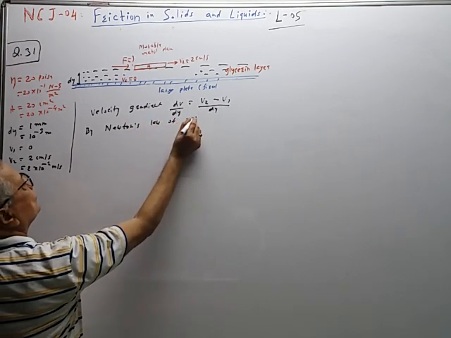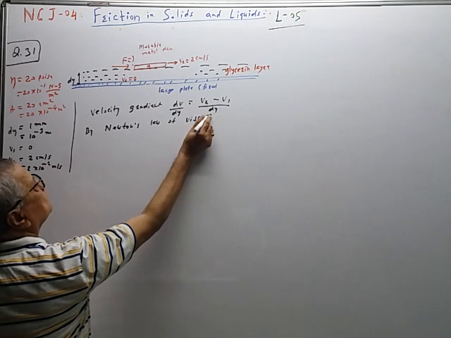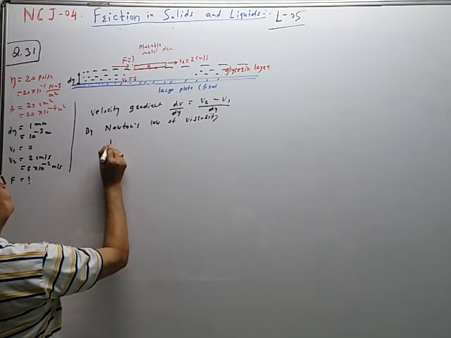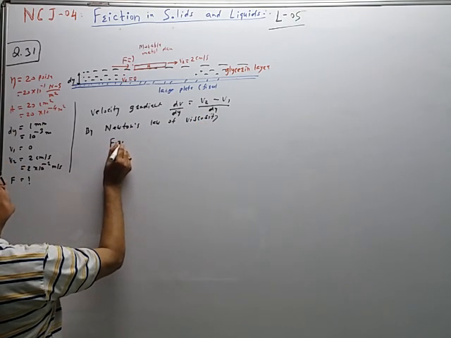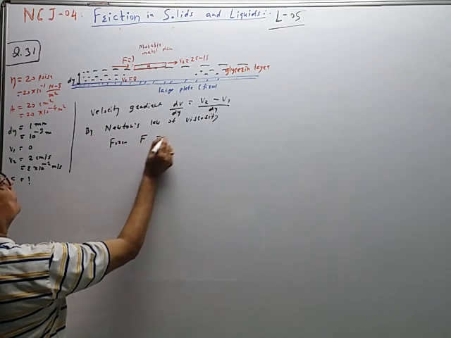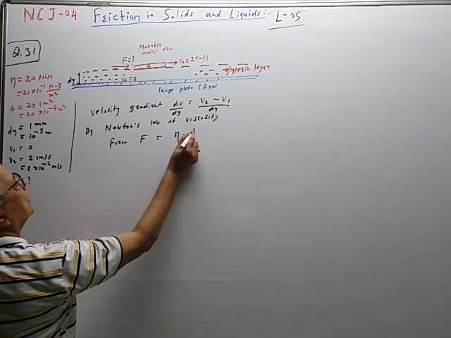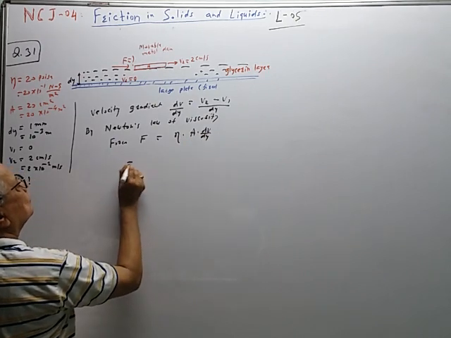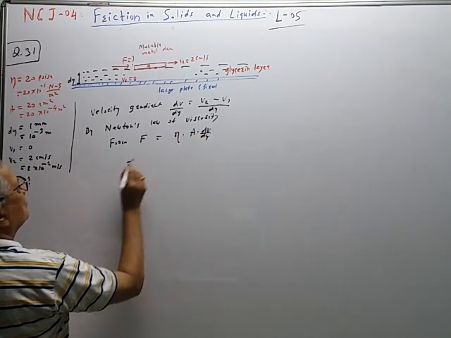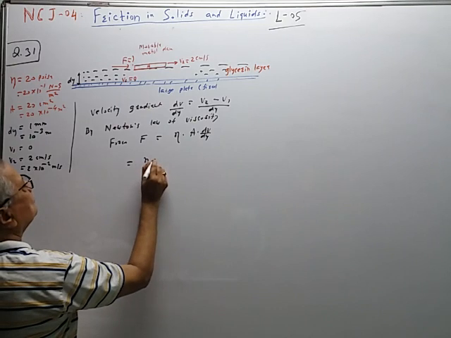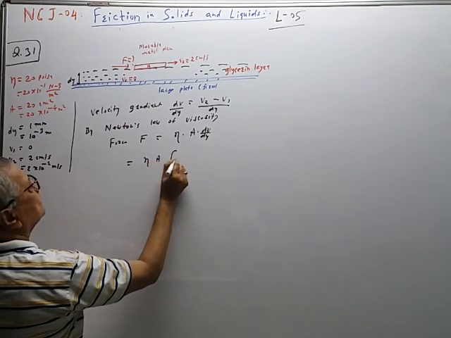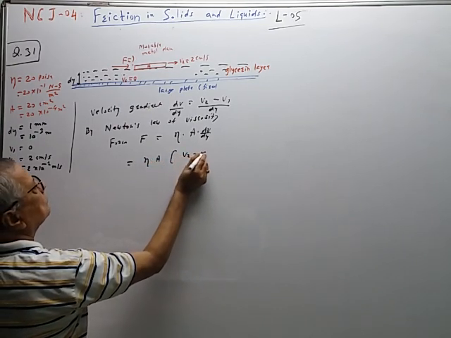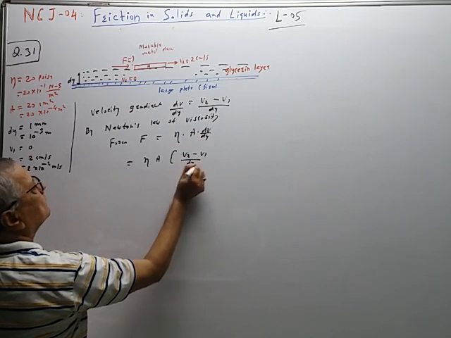By Newton's law of viscosity, force F is equal to eta into A into dV by dy. Therefore, eta into A into (V2 minus V1) upon dy.